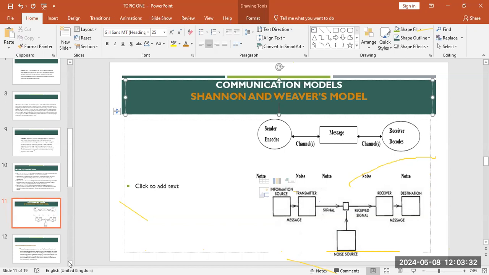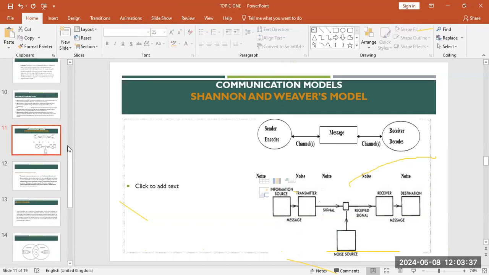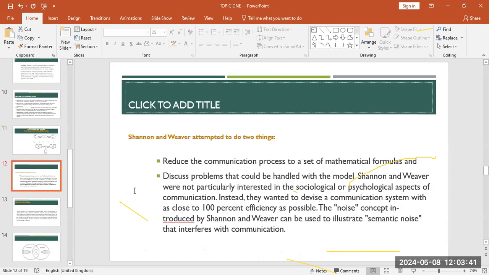So having looked at the communication models, we have the Shannon and Weaver model. When you look at the Shannon and Weaver model, it attempts to do two things. One, it attempts to reduce the communication process to a set of mathematical formulas.